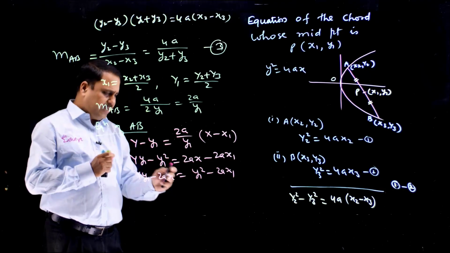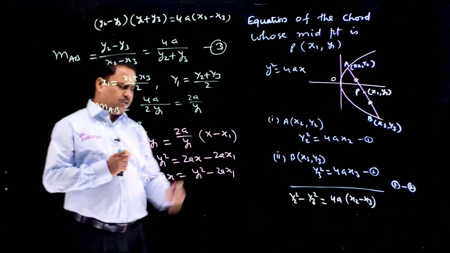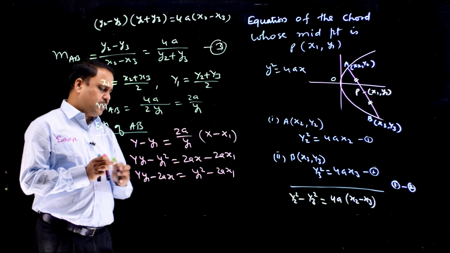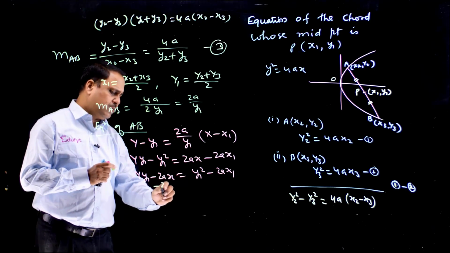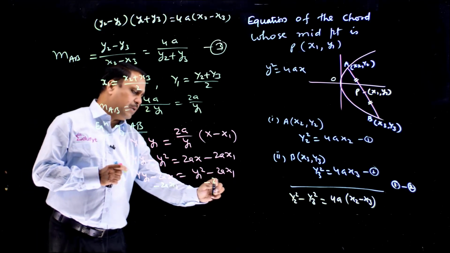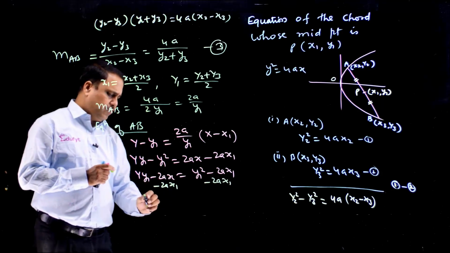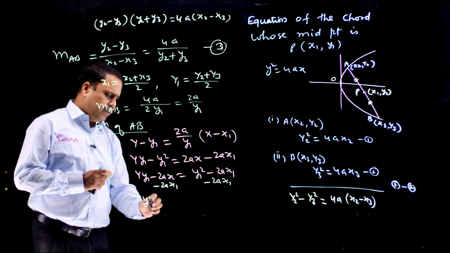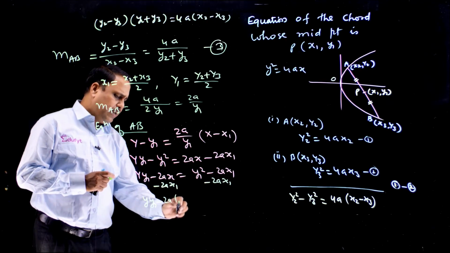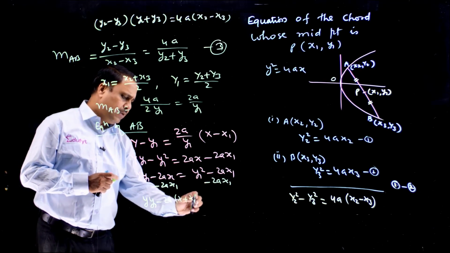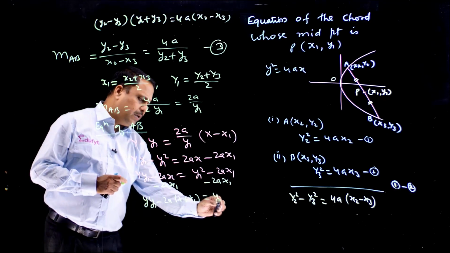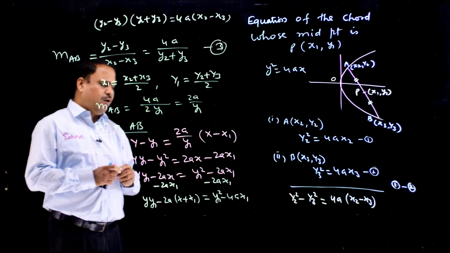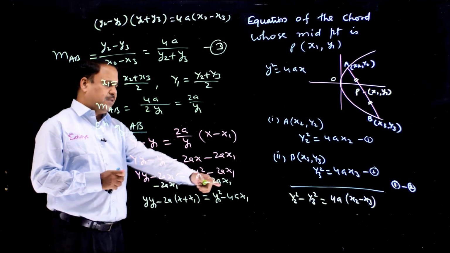Now subtracting 2ax1 on both sides, to write it in standard form so that we can remember it. So y y1 minus 2a(x plus x1) is equal to y1 square minus 4ax1, which is of the form T equal to S1.